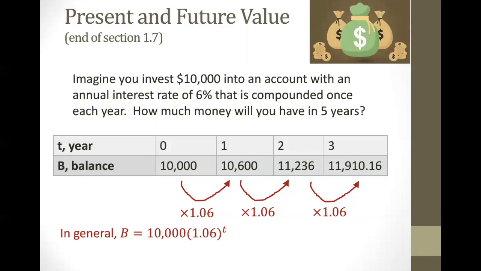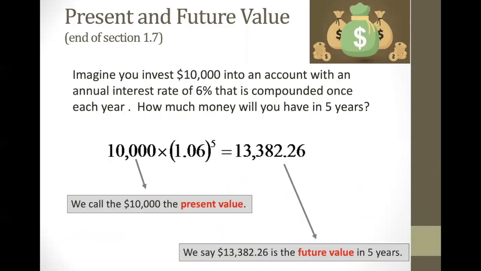And if I want to figure out what my balance is in 5 years, then I would substitute in 5 into the exponential power, and then calculate that our balance would be $13,382, and precisely, don't forget the 26 cents. So make sure at this point that you've got a calculator or Excel working properly that's able to calculate these exponents.